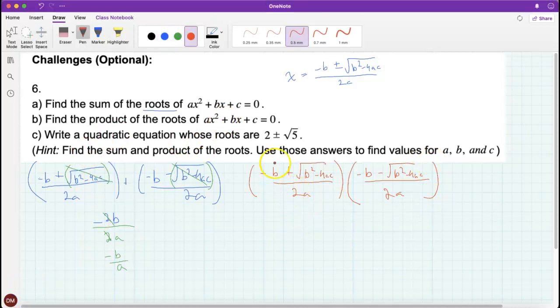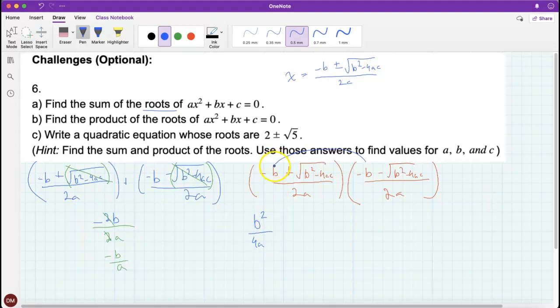Okay, so think of this negative b as over 2a, and all this is also over 2a, so let's just ignore the fractions first. When I multiply these, I get b squared, that's over 4a.